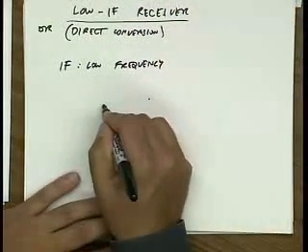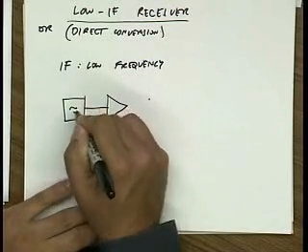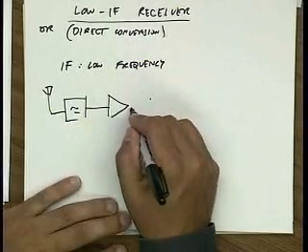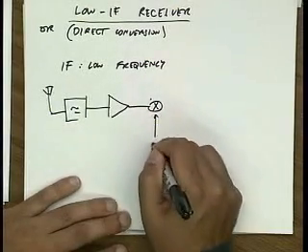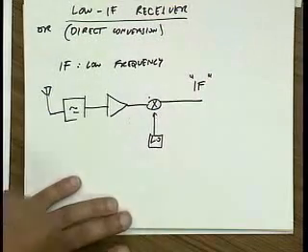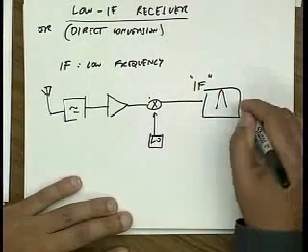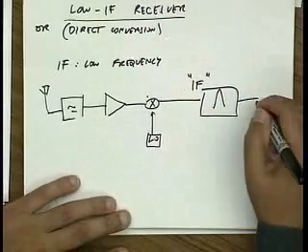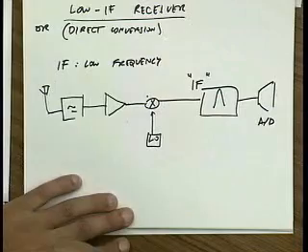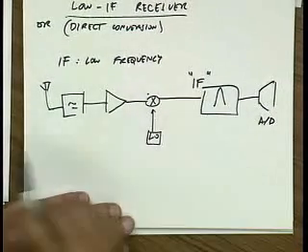Remember, in a communication system, what we do is we take our RF signal, let's say off the antenna or off the cable, we filter it, we amplify it, and then we mix it down using a local oscillator to some IF frequency or intermediate frequency, where we perform filtering on it, very sharp filtering. And then we digitize the signal. Okay. So in this system, even though we have a very narrowband input, our IF could be really low frequency.